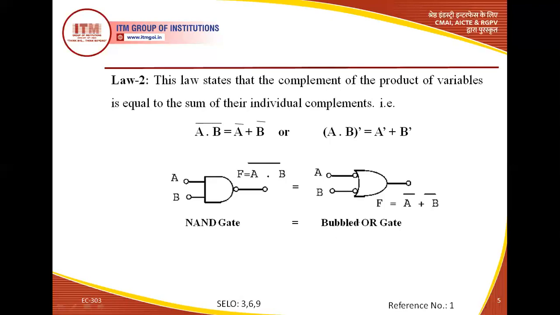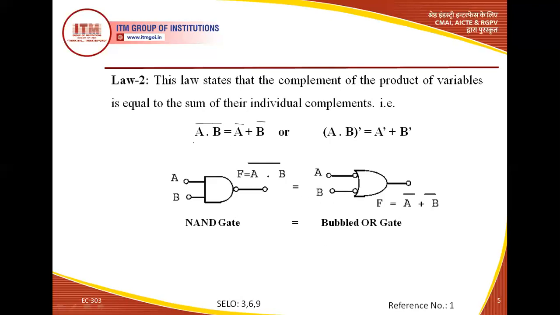This is also one of the important properties when we realize any Boolean function by using only NAND gate. In that case, we will replace the bubbled OR gate by NAND gate. So you will remember that the NAND gate is equivalent to the bubbled OR gate.